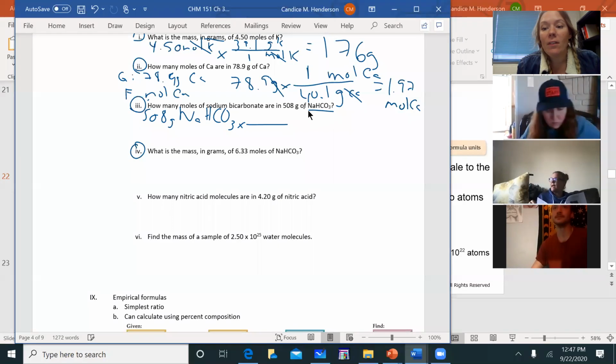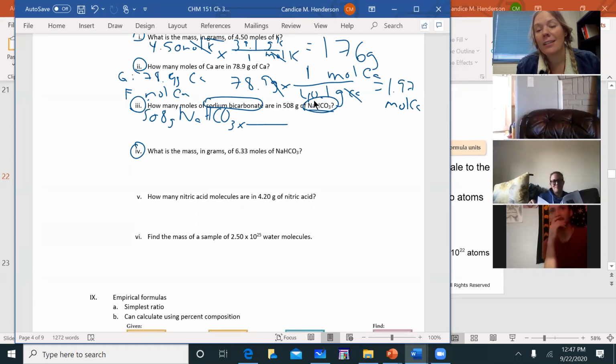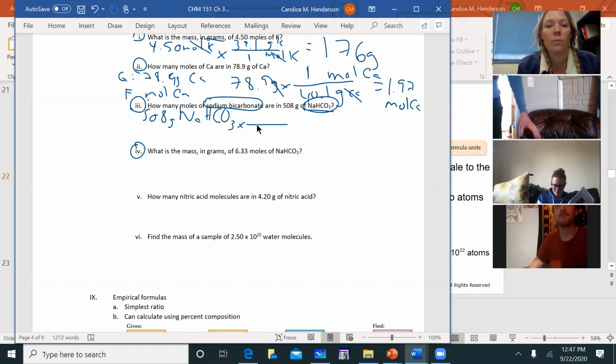If they had instead given you the name, sodium bicarbonate, you would need to be able to write the correct formula. If you can't write the correct formula, then you can't get the correct molar mass. If you can't get the correct molar mass, then you can't get the correct answer on how many moles it is. So the things start to piggyback on top of each other.